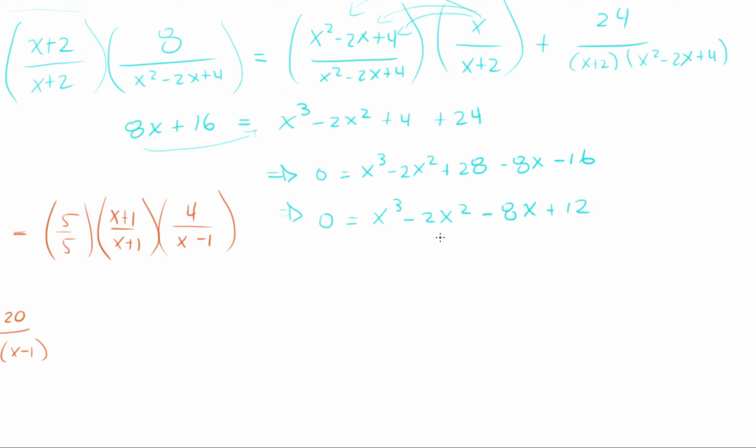Okay, and then how do we factor here? Well, we factor the first two terms and the last two terms. What can we factor between x cubed minus 2x squared? Well, we can factor x squared, and you're left with x minus 2. And what can you factor between negative 8x plus 12? You can factor, no, you can't factor negative 8.